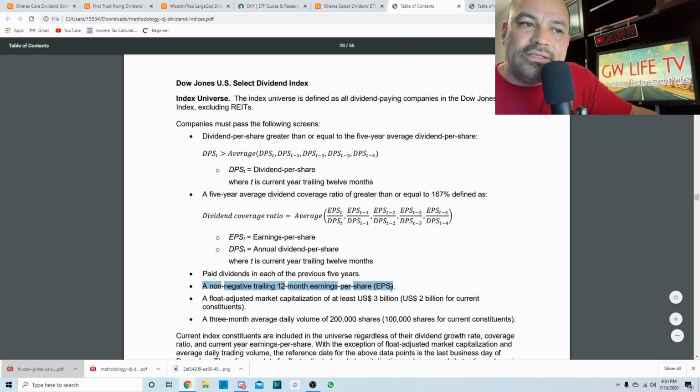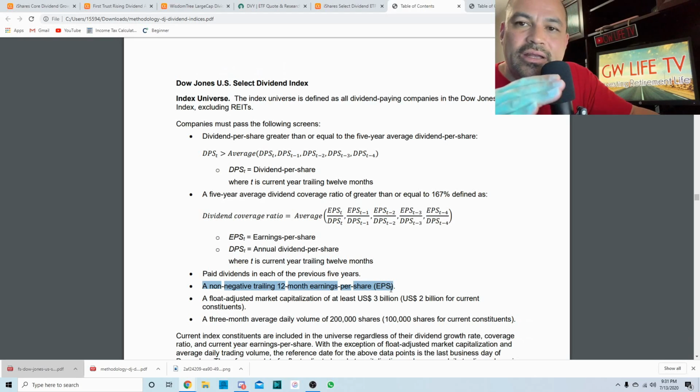So for the past 12 months, they can't have earnings per share that are falling. Now that's going to get a little tricky when we start looking at holdings. They need to have a float adjusted market cap of at least $3 billion and a 3-month average daily volume of 200,000 shares. So that's the basic requirements to be in the index.